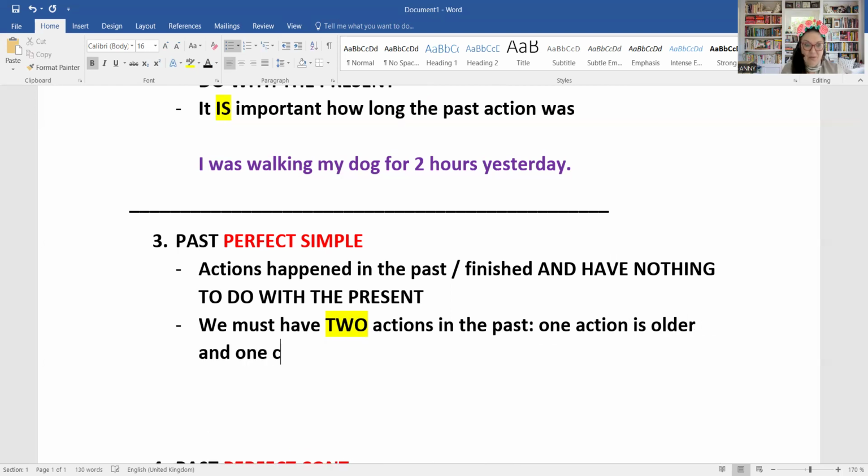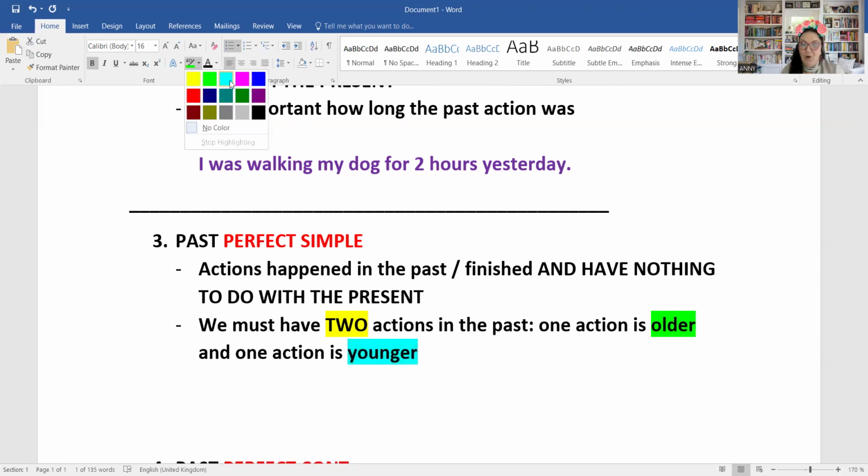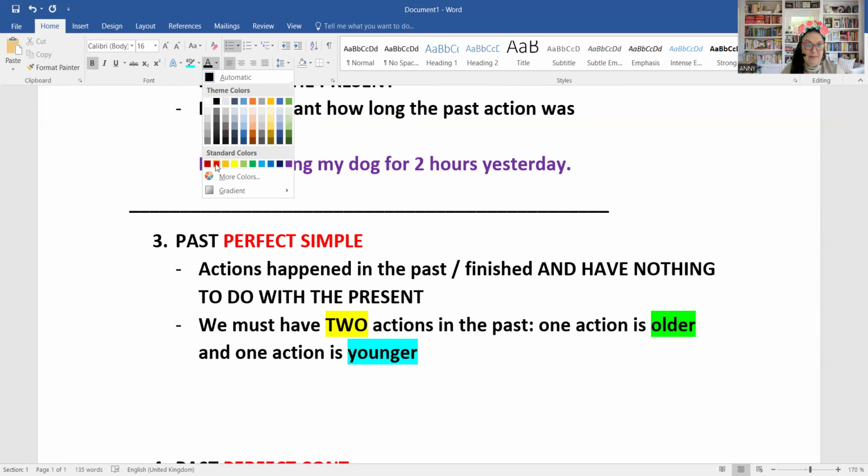And 1 action happened second, which means that it is younger. Older action, of course, is always past perfect.